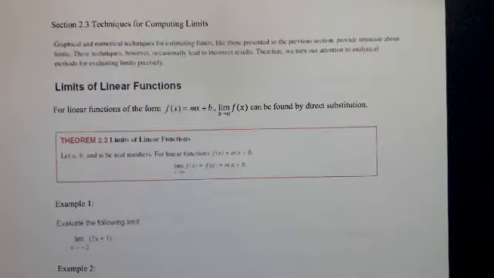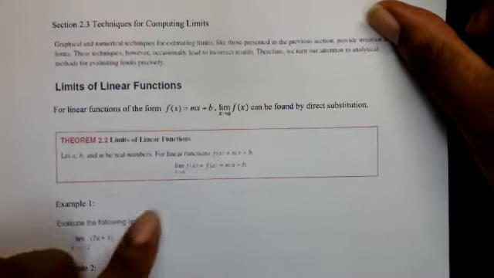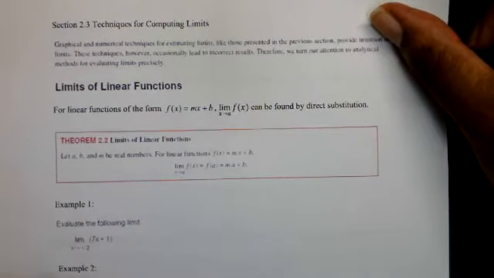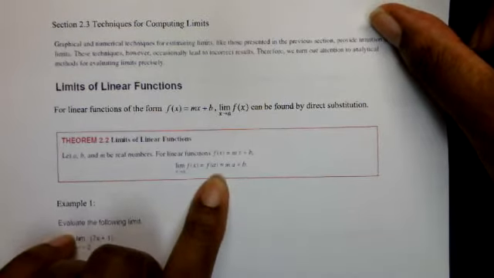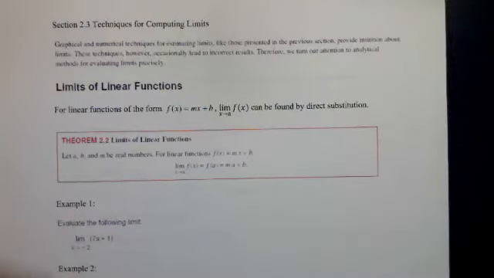All right, for linear functions of the form f of x equals mx plus b, the limit as x approaches a of f of x can be found by just doing direct substitution. Okay, so here's the theorem. The limit as x approaches a of the function f of x is going to be equal to f of a, which equals m times a plus b.